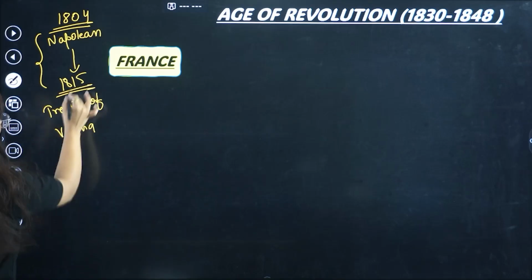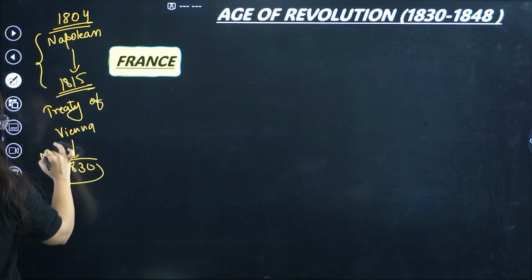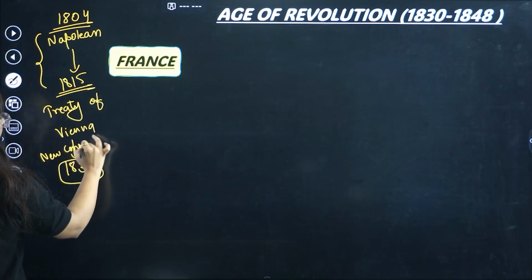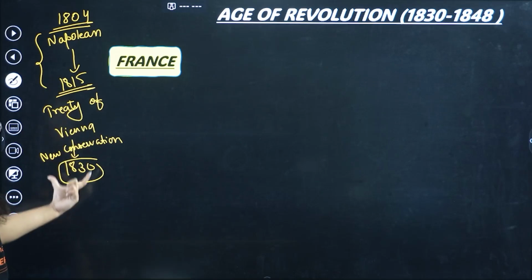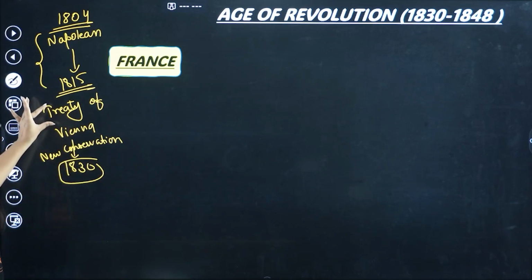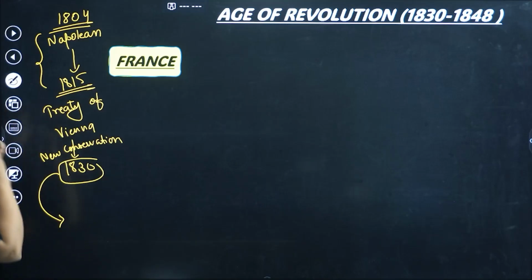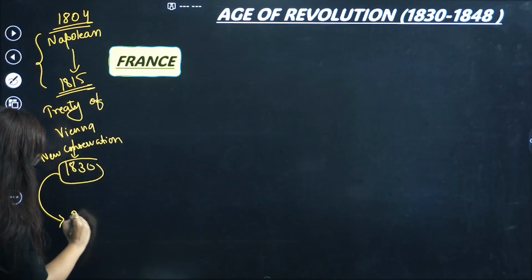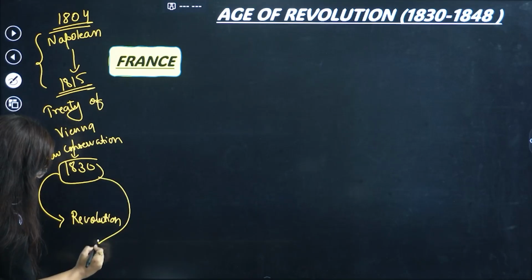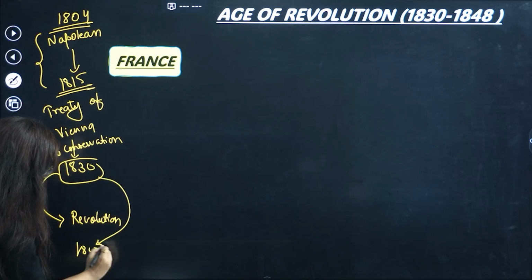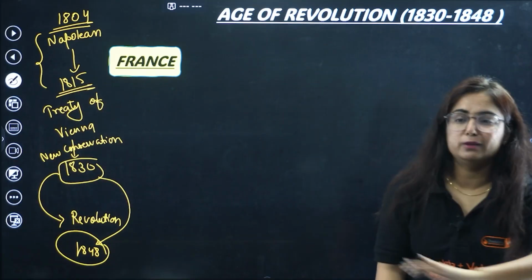From 1815 to 1830, the new conservatives were ruling and suppressing the people. Then in 1830 a lot of revolutions came into the picture, and they moved up till 1848. Hence in the heading I wrote age of revolution, 1830 to 1848.